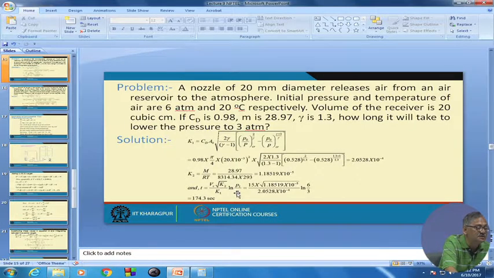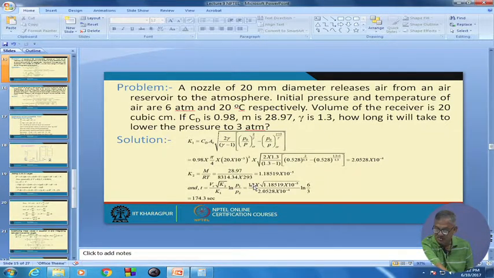Now, Vc here the difference is not 15 and 20, this 15 was perhaps 20 cubic centimeter.